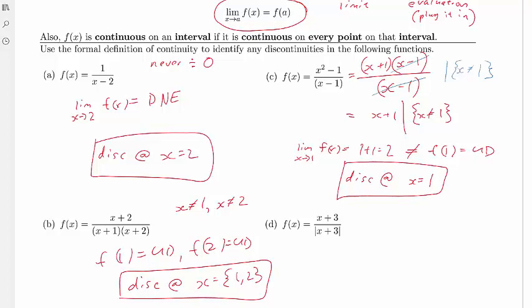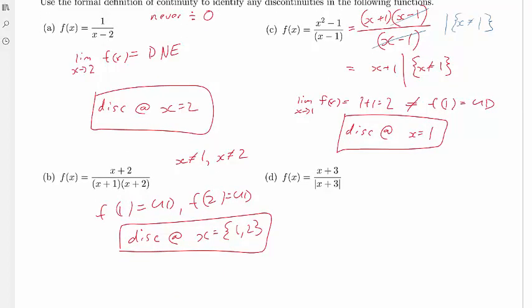All right, so this next one also is an interesting one. We've got an absolute value going on. We can see something interesting is going on at x equals -3, but why don't we go ahead and crack open that absolute value. This basically is x plus 3 divided by x plus 3 if x is equal to or greater than -3.